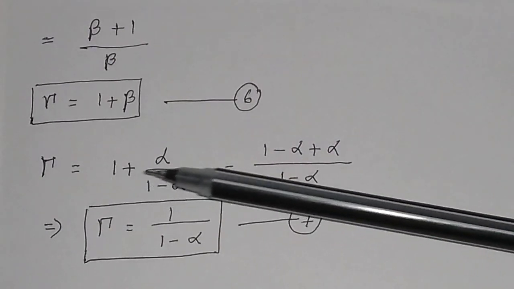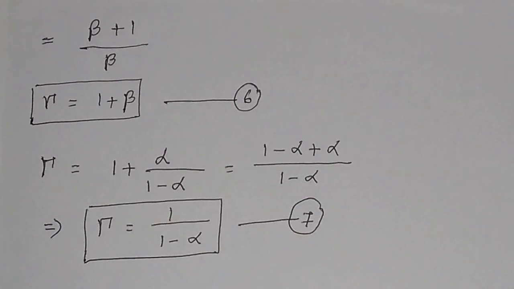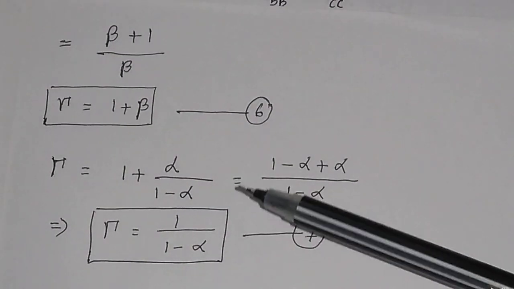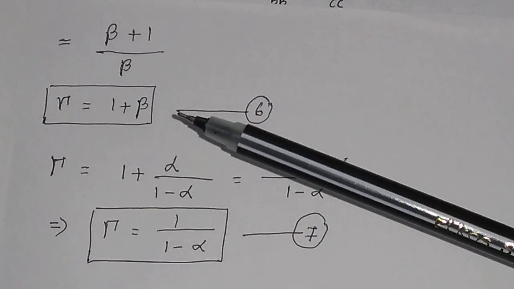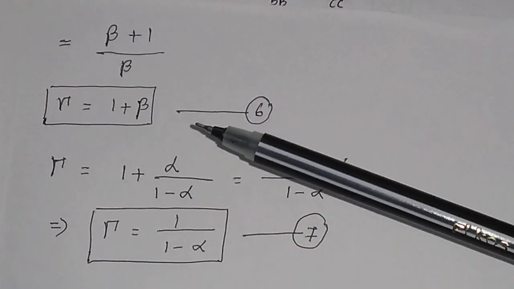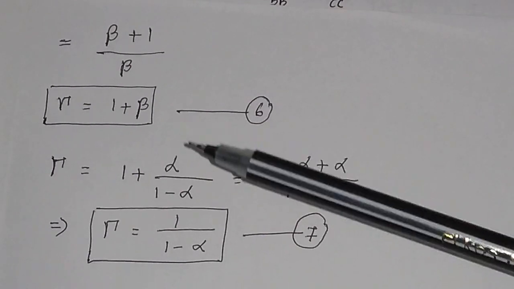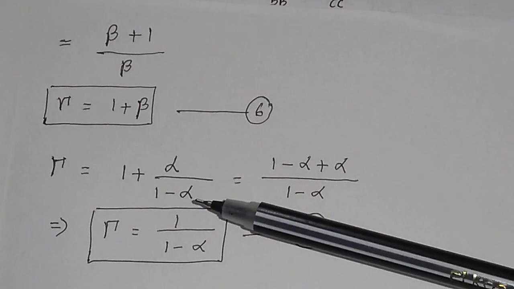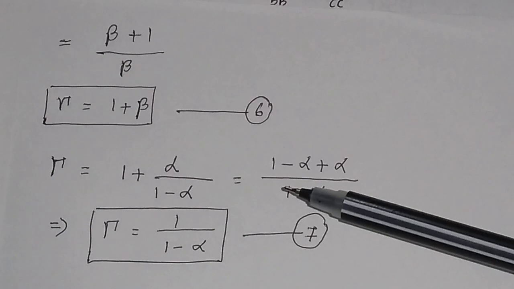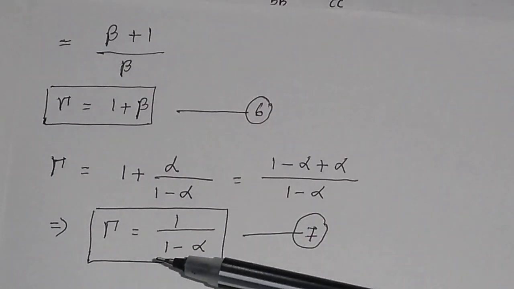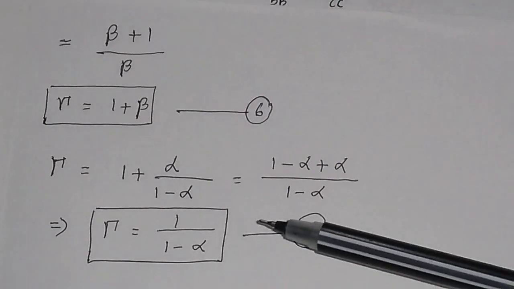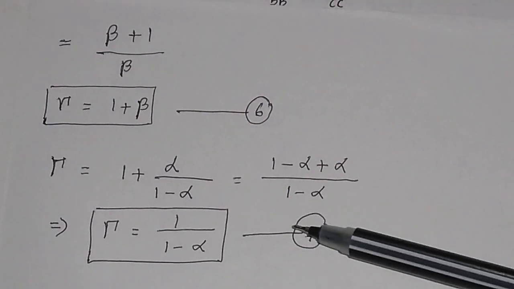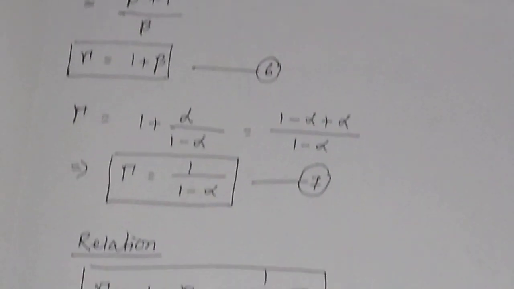But gamma is equal to 1 plus alpha divided by 1 minus alpha, because from the relation between beta and alpha we have beta equal to alpha divided by 1 minus alpha. So if you make the addition, then gamma will be equal to 1 divided by 1 minus alpha. So this is the relation between gamma and alpha.